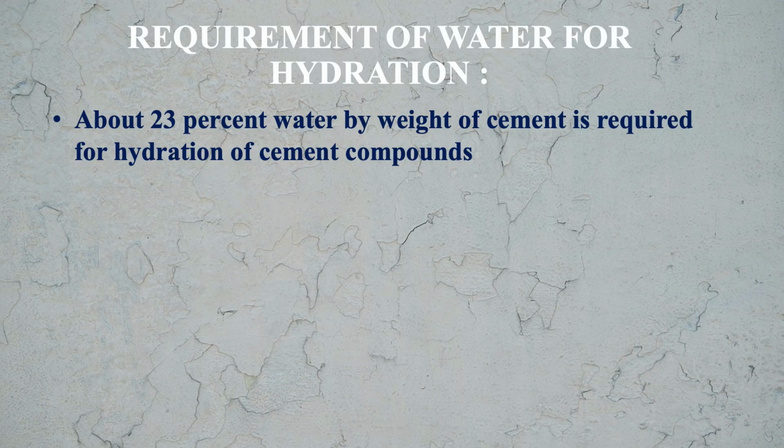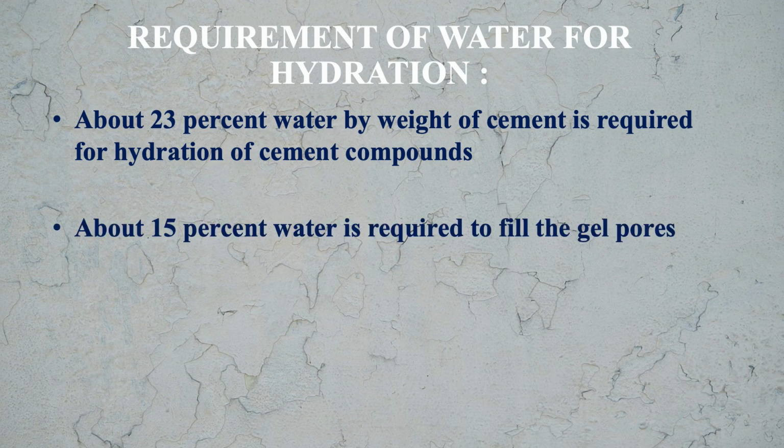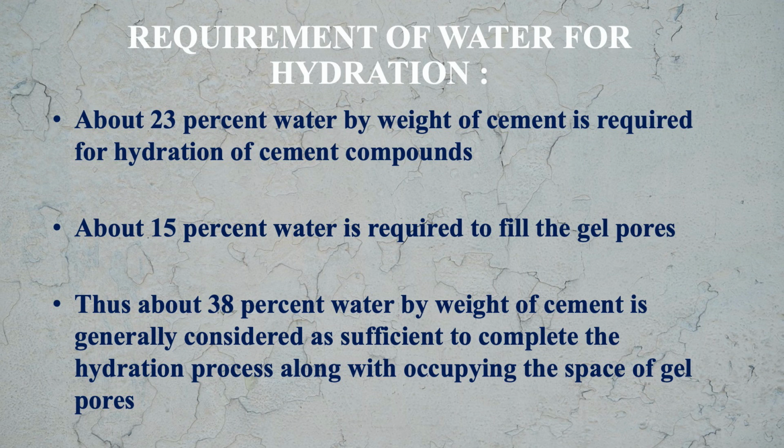Now, the requirement of water for hydration. About 23% water by weight of cement is required for hydration of cement compounds. About 15% water is required to fill the gel pores. So if you add 23% plus 15%, around 38% of water by weight of cement is generally considered sufficient to complete the hydration process along with occupying the space of the gel.